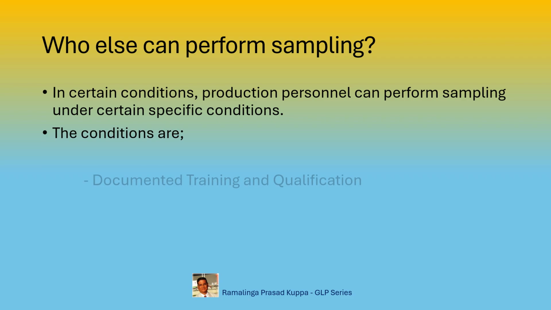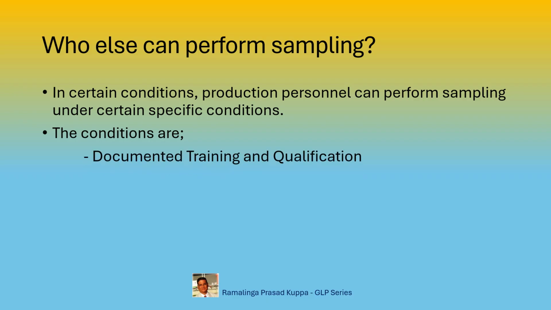The conditions are documented training and qualification. The training should be carried out by designated QA or QC personnel and recorded as objective evidence. The training evaluation also should be carried out and documented.